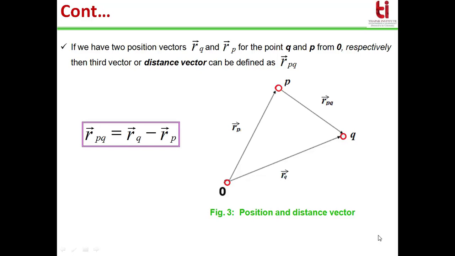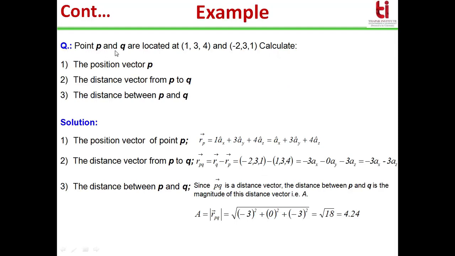For better clarification, let's take an example where P and Q are points located at (1, 3, 4) and (-2, 3, 1). Here the coordinates of both points are given already. You just have to calculate the position vector of P, the distance vector from P to Q and the distance between P and Q. So let's solve this question.